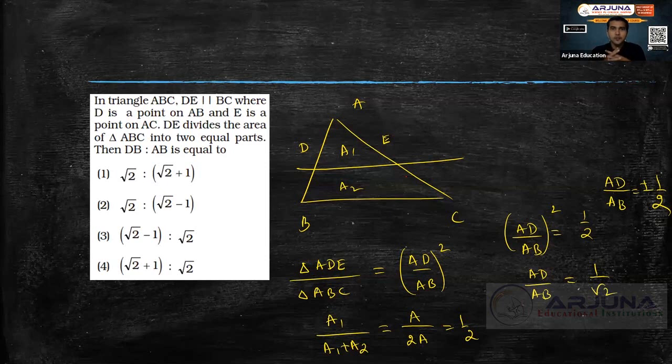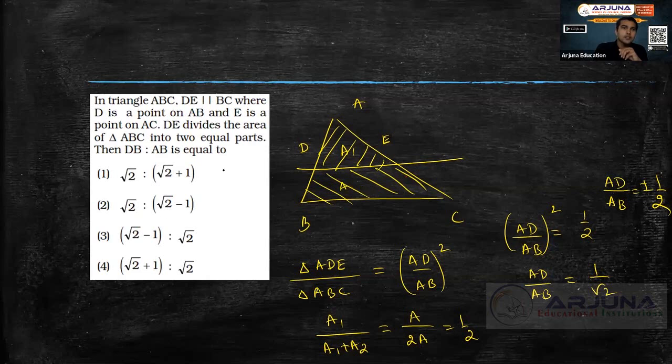Okay, Kirti, I will explain it. Do not worry, I will explain again. So see what is happening in this. I have considered this region's area as A1 and this region's area as A2. They have given that both the areas are equal, the area is divided into two equal parts.